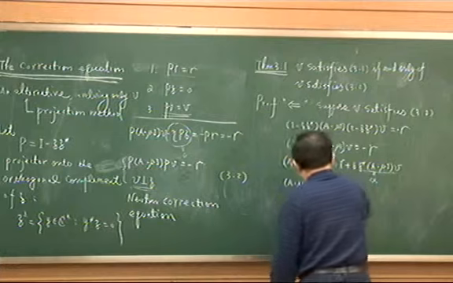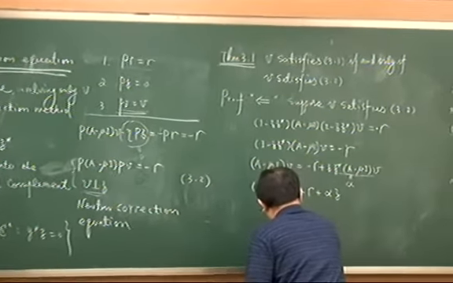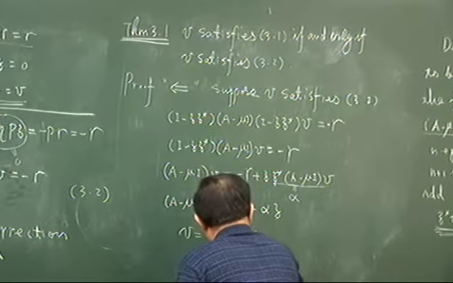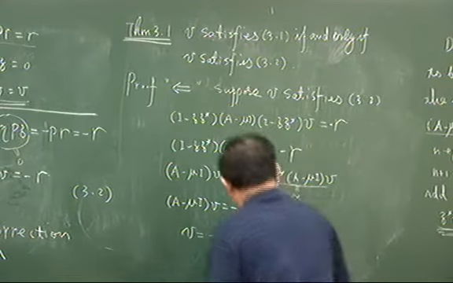So from here we get v equal to (A − μI) inverse (R minus alpha z).